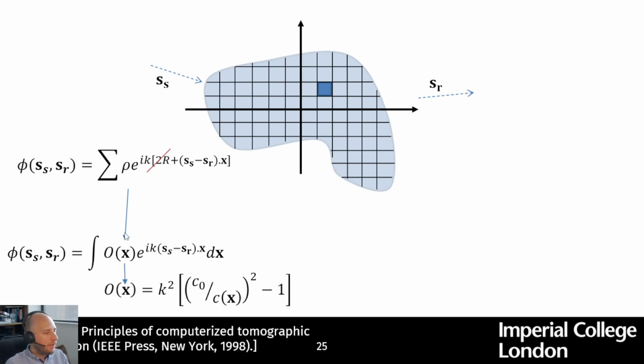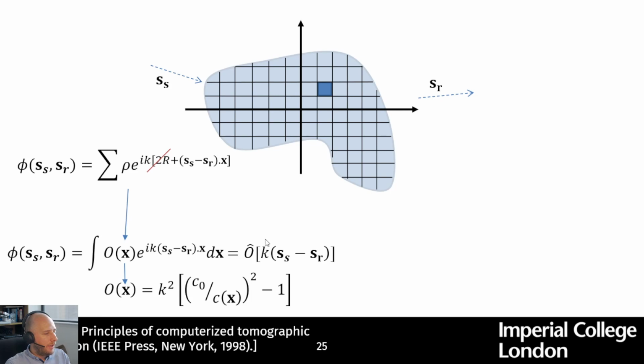So this is where our equation, based on all the assumptions we've made, ends up. We end up with this term here. And what we notice is we've got some function multiplied by an oscillating exponential term, integrated, and this corresponds to a Fourier transform.